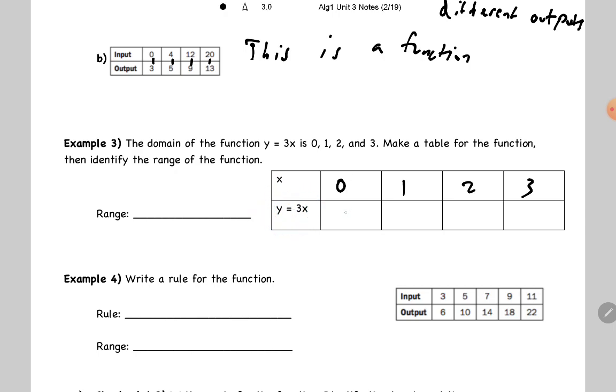So we take our x value, so 0, 3 times 0 equals 0, and then 3 times 1 equals 3. 3 times 2 equals 6, and 3 times 3 equals 9. Okay, so our range is 0, 3, 6, 9.